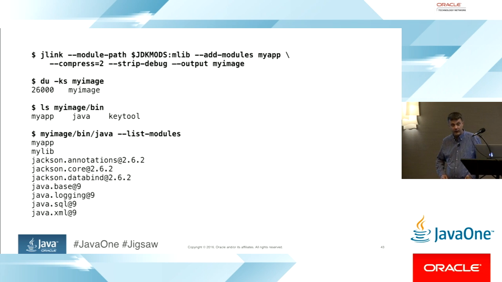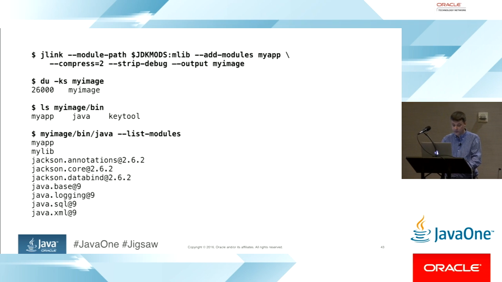If I run the list modules option on this generated runtime, then we see the list of the modules that are in that runtime image: my app and mylib, the Jackson libraries, and then in this case there's 4 platform modules that have been linked in. So this is quite nice. I've ended up with a small runtime for my application.